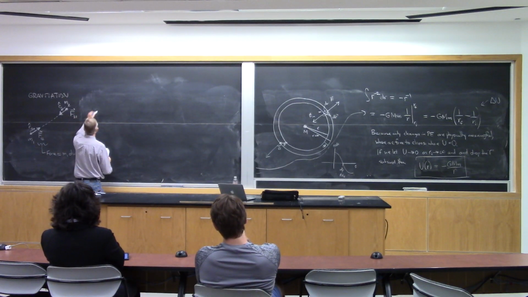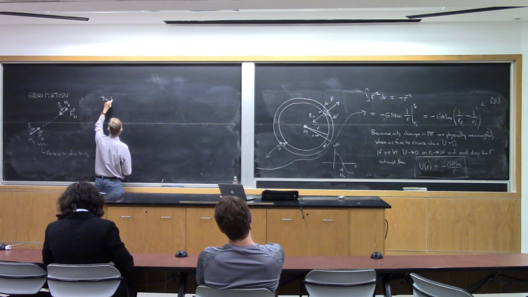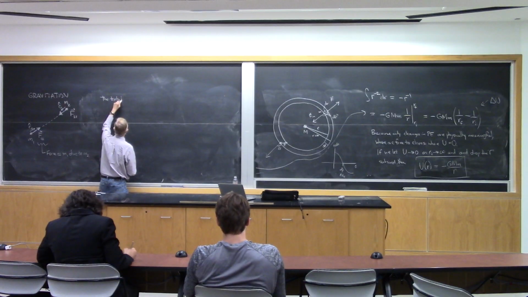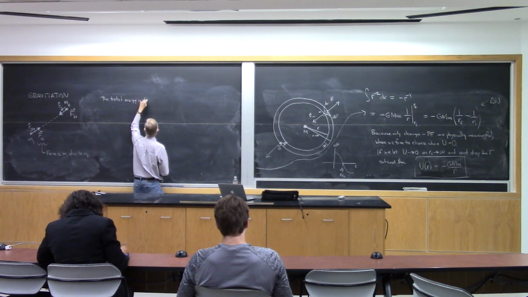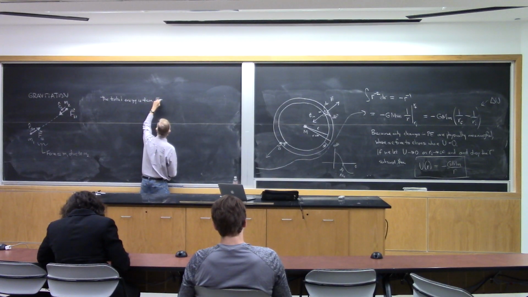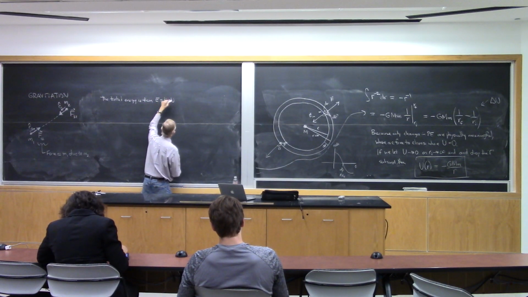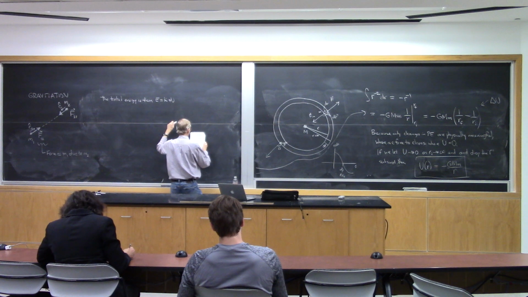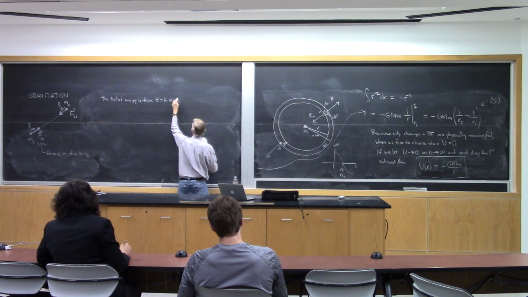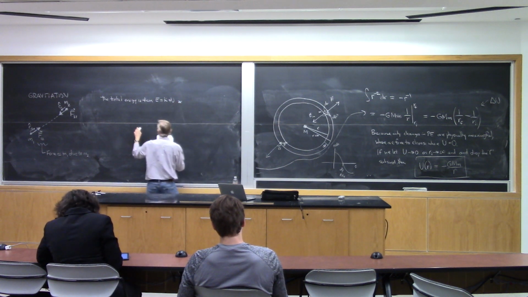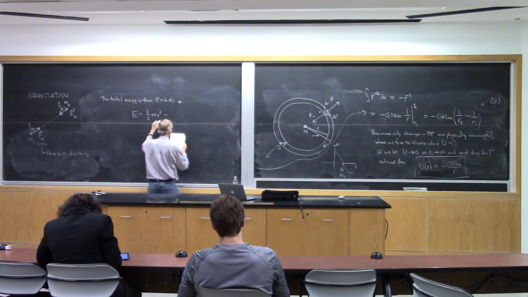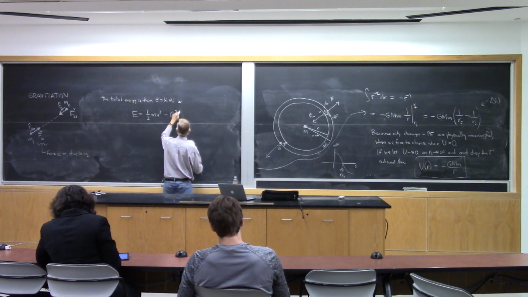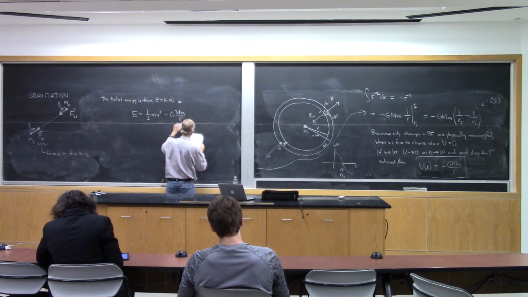So the total energy then is E equals K plus U, or in other words, we'll say E equals 1/2 mv squared minus G big M little m over r.